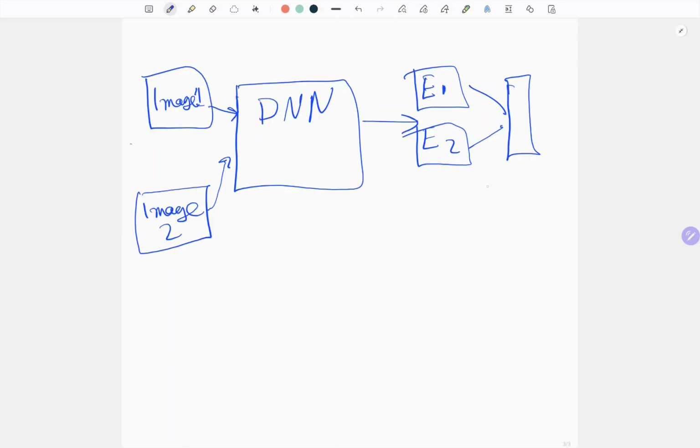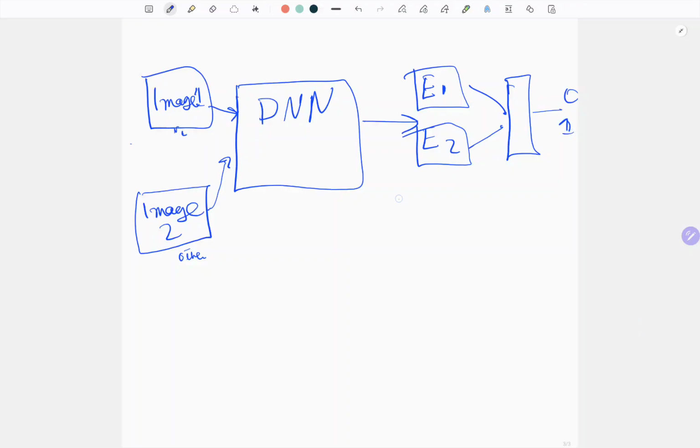a contrastive loss. For this case, if there are only two images, we can use binary cross entropy. For example, this might be me, and this might be some other person. Then our output should be 0 if the two persons in the inputs are different, and if they are the same, we predict 1.